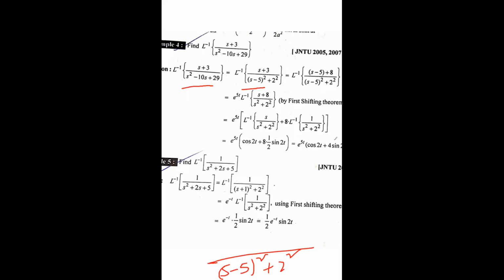The numerator also needs to be in terms of s minus a, because the numerator is s plus 3 and the denominator is s minus 5 whole square plus 2 square. It is not possible to convert s plus 3 as s. Here the terms in the numerator and denominator are different, so we cannot apply the first shifting property in the inverse Laplace transform.